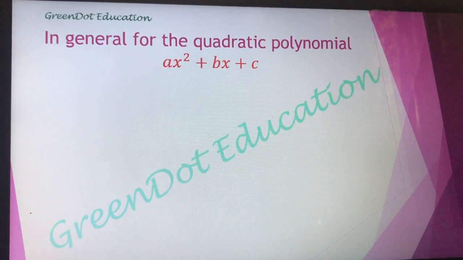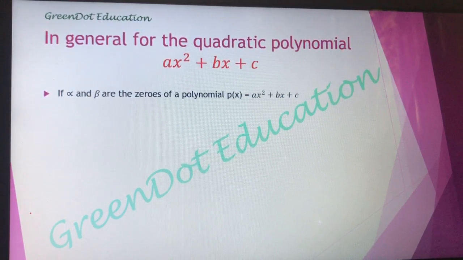So before we start, let's first revise how this relationship between the zeros and the coefficients of the polynomial exists. We have the quadratic polynomial of the form ax square plus bx plus c. We all know that. Now, suppose for such a polynomial, there exist two zeros that are alpha and beta.